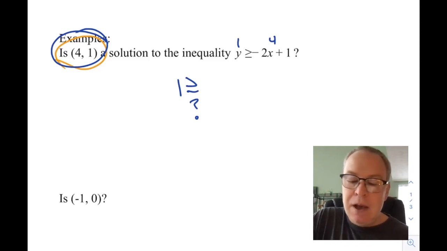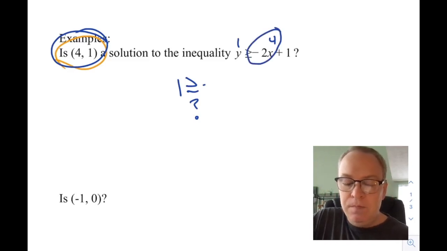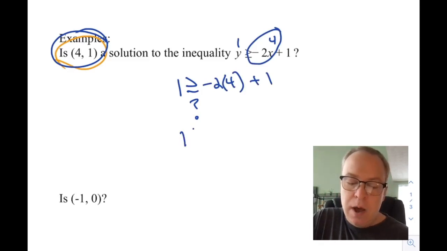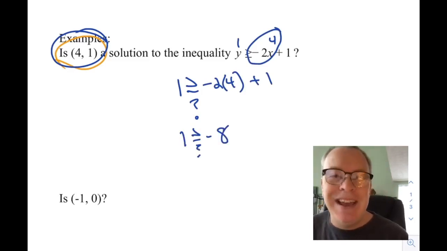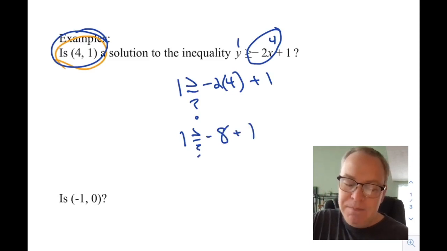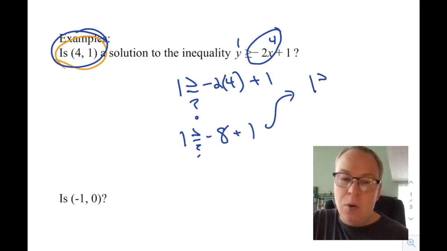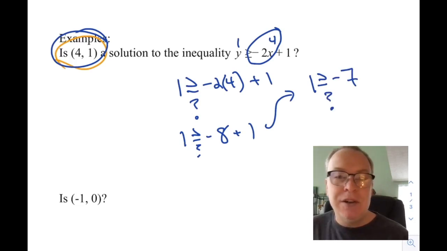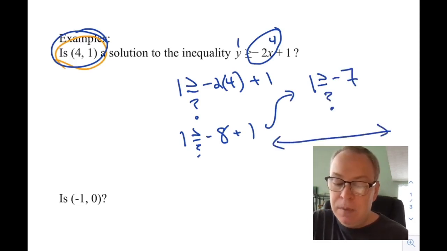We're going to see. Now, what is negative 2 times 4? Well, that's going to be negative 8. So 1 greater than or equal to question mark, sorry about the clock, negative 8 plus 1. So that would be 1 is greater than or equal to negative 7, question mark. Now, is that true? Well, let's think about the number line.